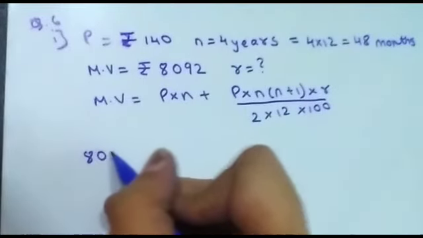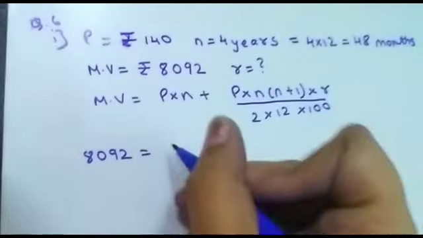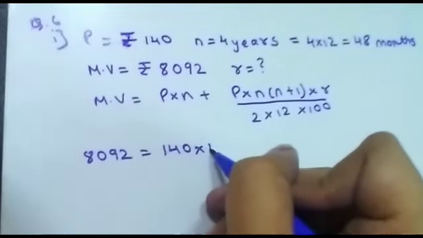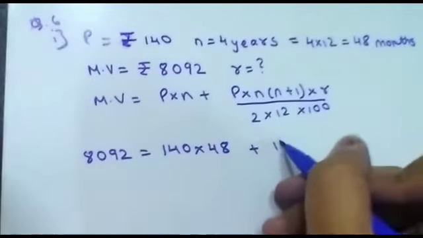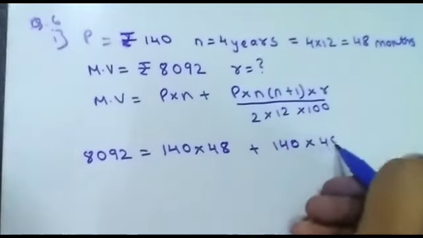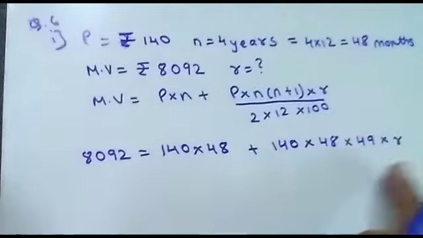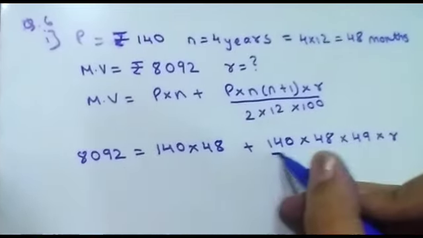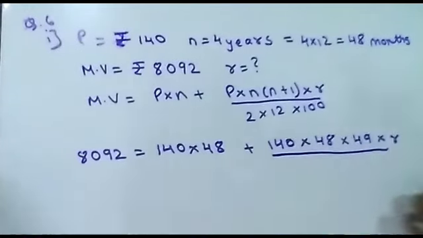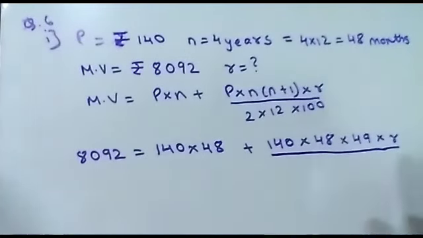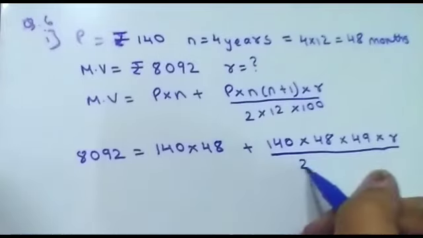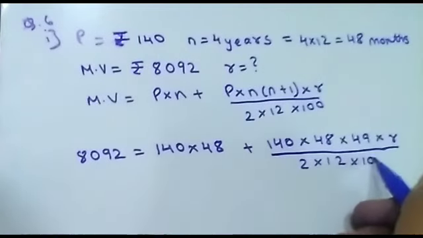Maturity value is 8092 equals P is 140, N is 48, plus 140 into 48 plus 1, 49, R is question mark. So let R be R, write R as R only. Do not take any other variable X or Y. Let R be the same thing. 2 into 12 into 100.